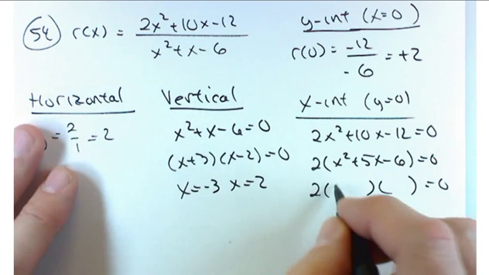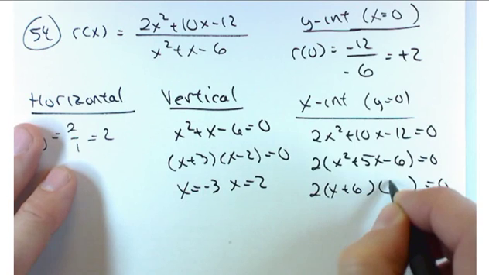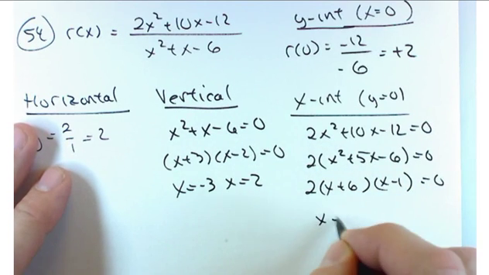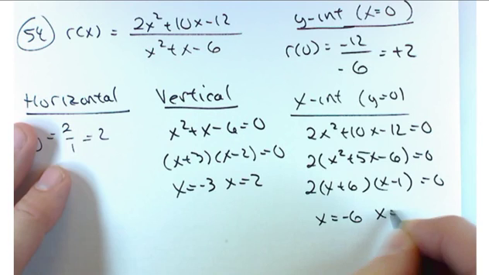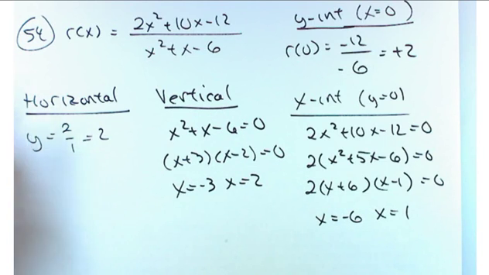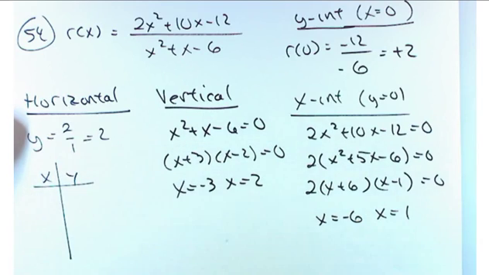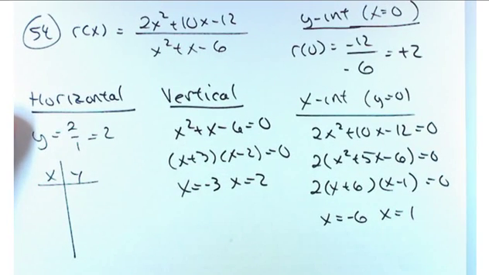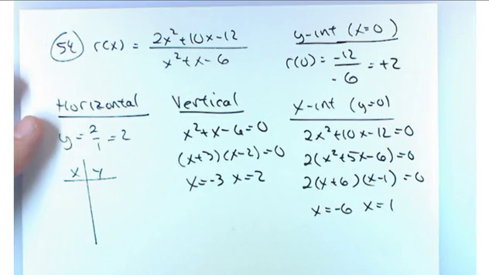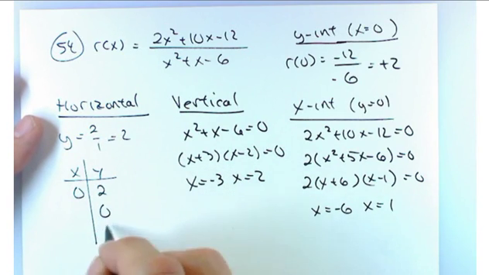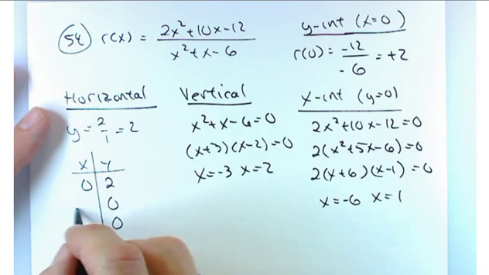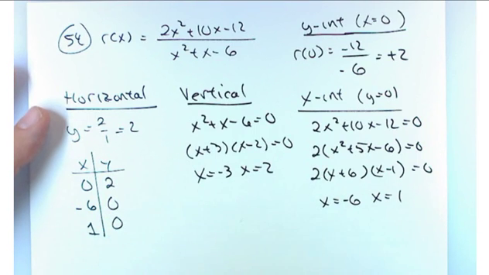This will factor as x plus 6, x minus 1, and I get 2 intercepts. Let me keep a little t-table, kind of a running scorecard of our points. When I set x equals 0, I got y was 2. If I set y equals 0, I get 2 possibilities, negative 6 and 1 respectively.